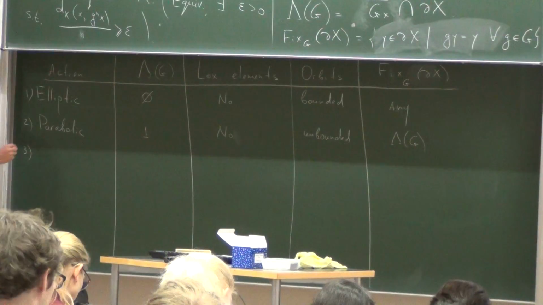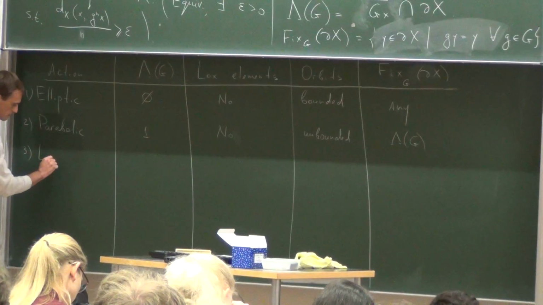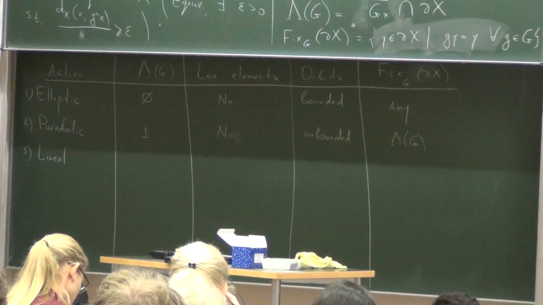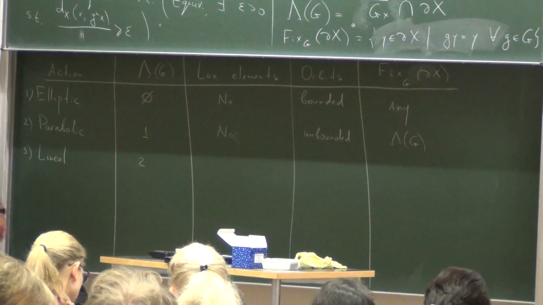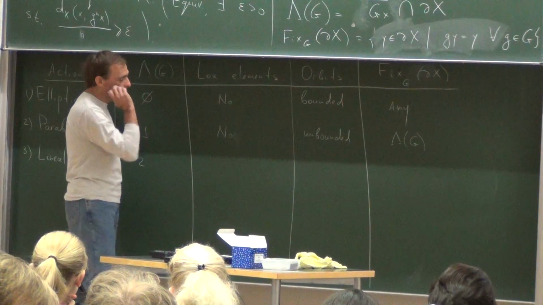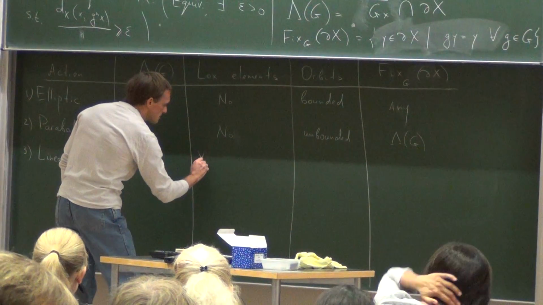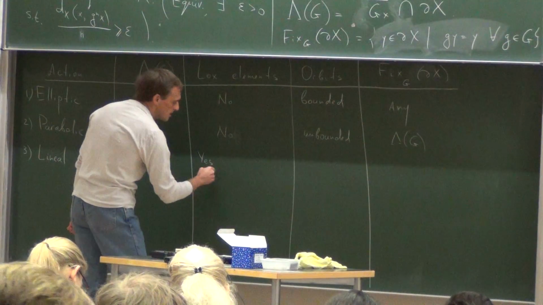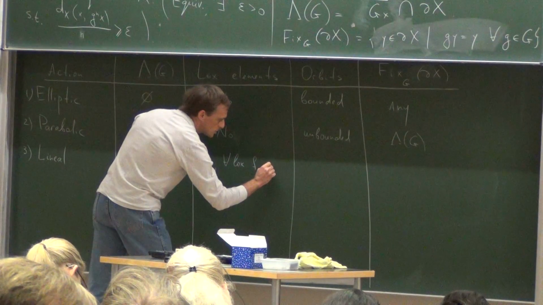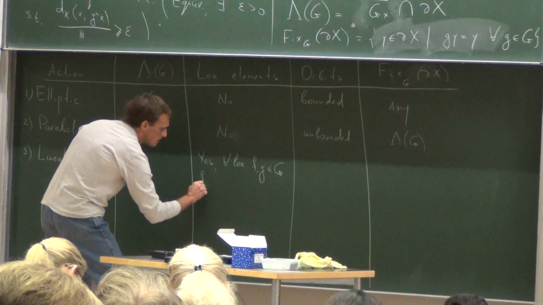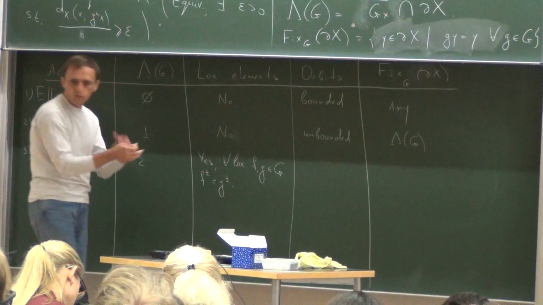Number 3, now the next type of actions is called lineal. So we have 2 limit points on the boundary. There are loxodromic elements here, but they're all dependent. So yes, there are loxodromic elements, and for every loxodromic elements f and g in G, f plus minus is the same as g plus minus, well, up to changing the order.